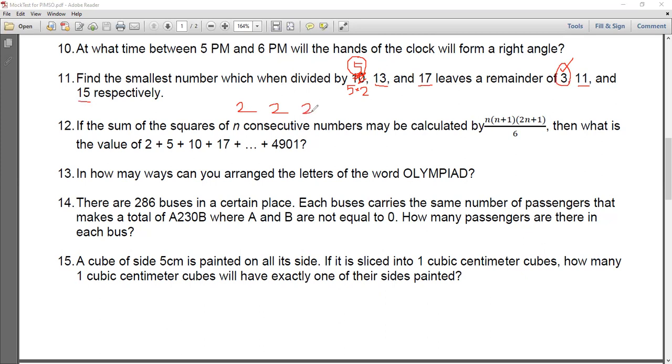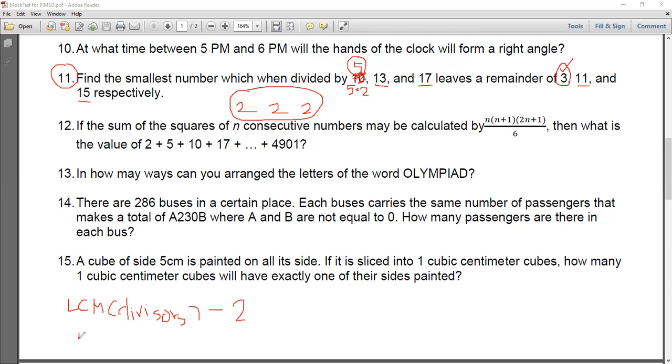Since we get a difference that is constant, we can now use a formula for number 11. The formula is the LCM of the divisors minus the difference. And we get a difference of 2. So what are now the divisors?